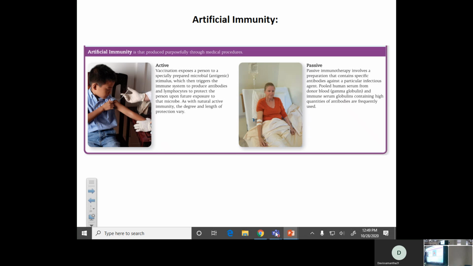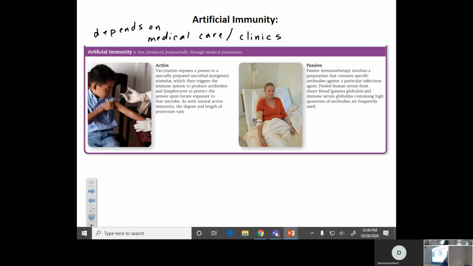Artificial acquired immunity depends on medical care. Like you would have to go to a clinic or a hospital or a doctor's office to get these to happen, the artificial acquired immunity.